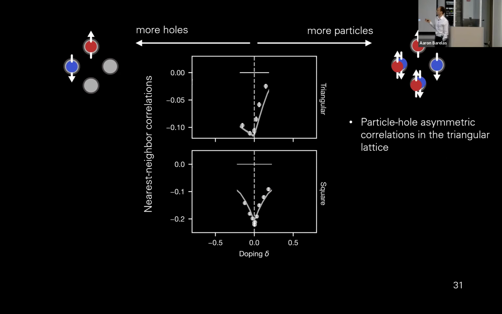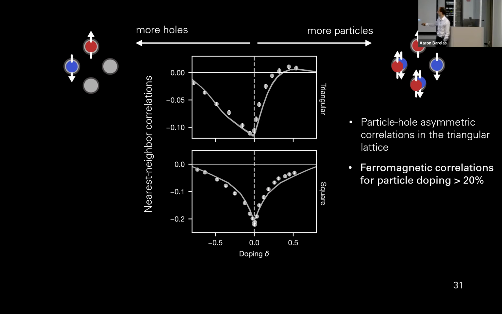And what was even more striking when we saw that data in the lab was that at very strong doping, typically above 20% or 50% in the triangular case, we even see the sign of these spin correlations reversing towards high dopings, which hints at a possibly ferromagnetic phase of matter being produced in such a lattice.